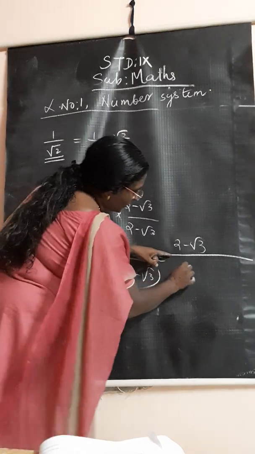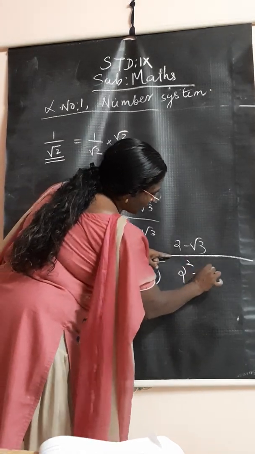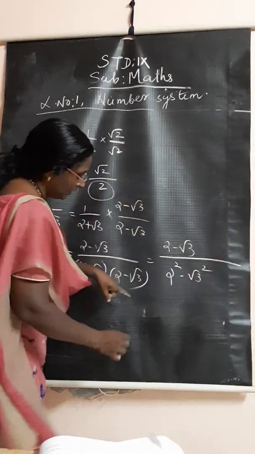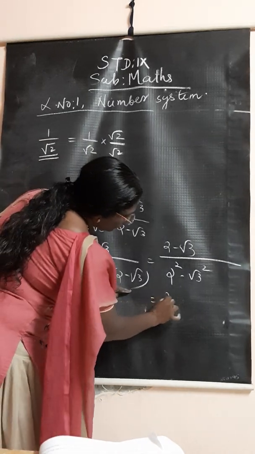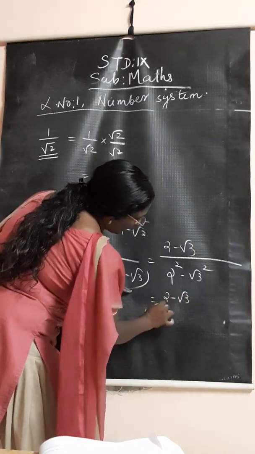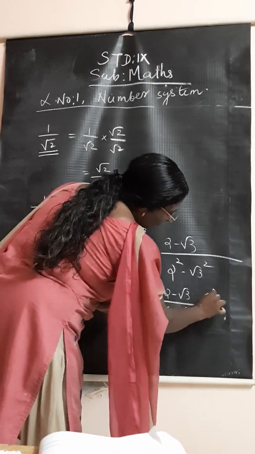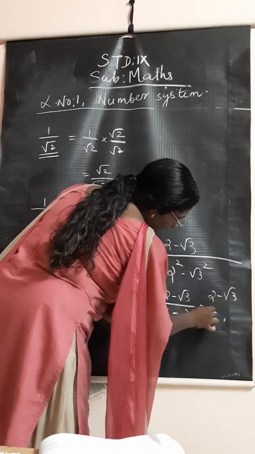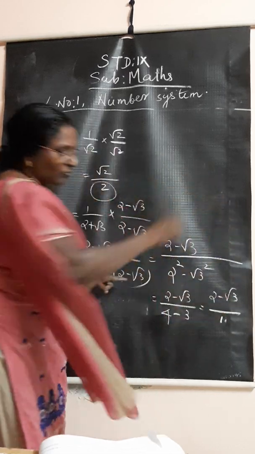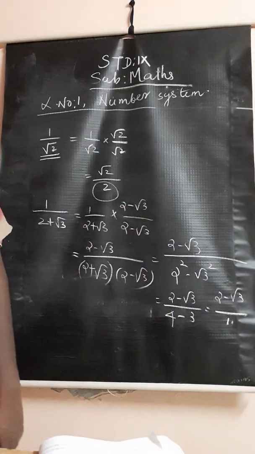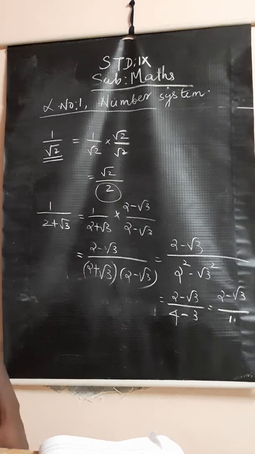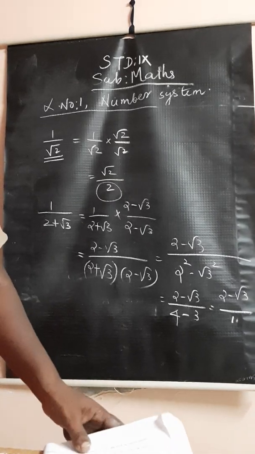That means 2 square minus root 3 the whole square, so 2 minus root 3 divided by 4 minus 3, which is 1. Now the denominator became a rational number.